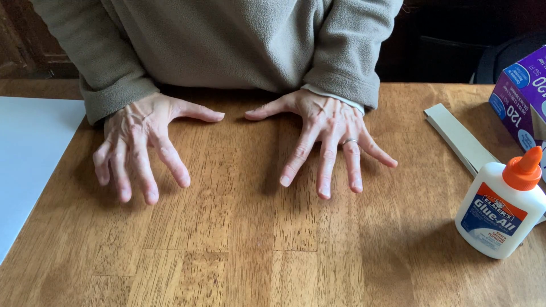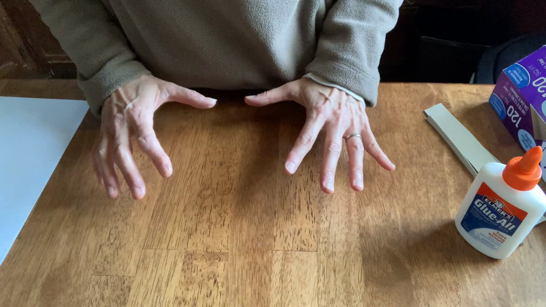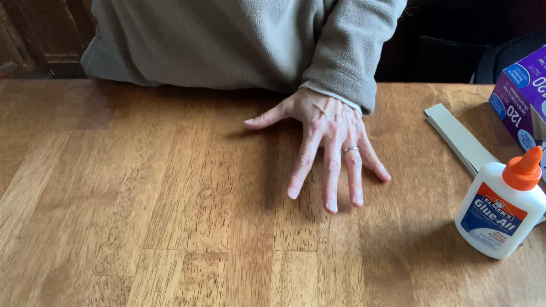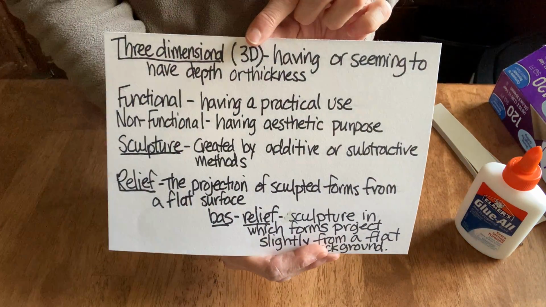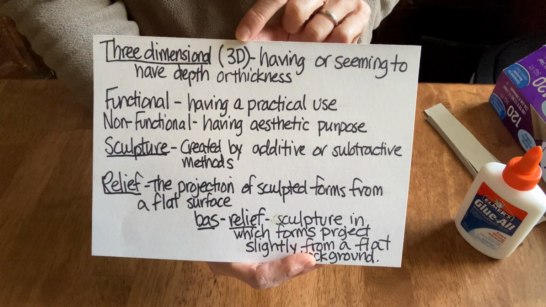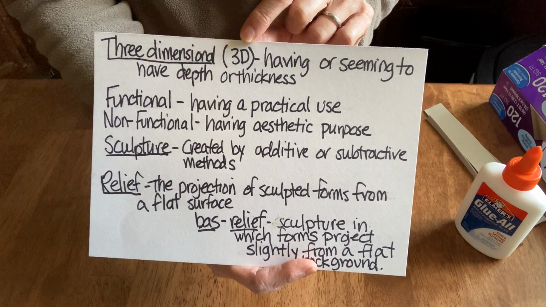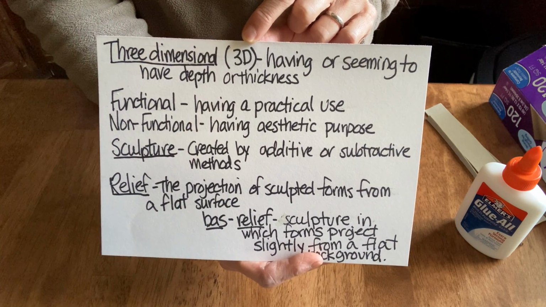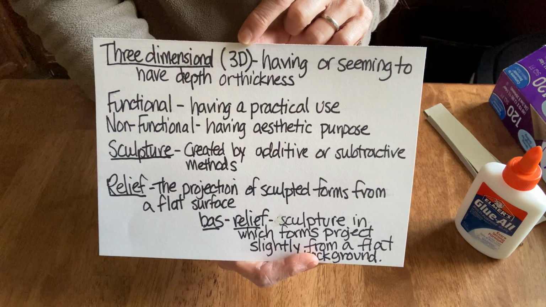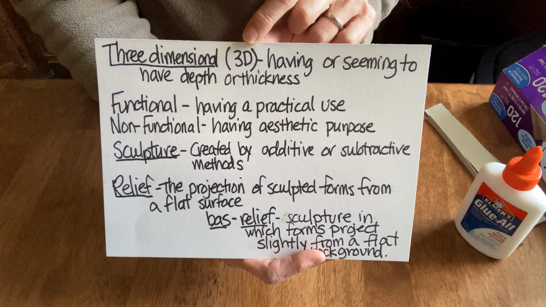Sculpture is part of three-dimensional art, but three-dimensional art is, in technical terms, having or seeming to have depth or thickness. So that pretty much covers most of everything that we have in the world, okay?